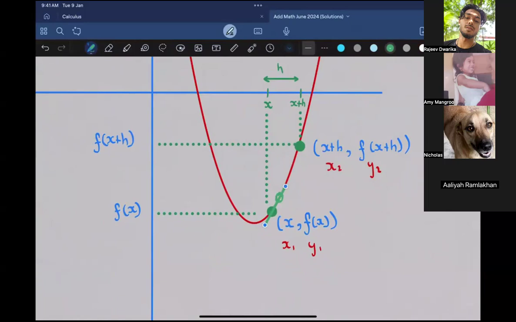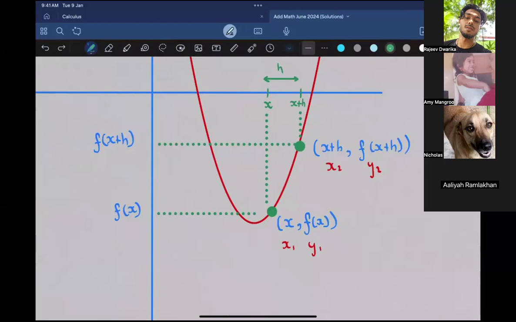Okay, and if it's lining up more, isn't it in line with the curve? Would I get a more accurate gradient? I would. Amy, you following? Yeah.